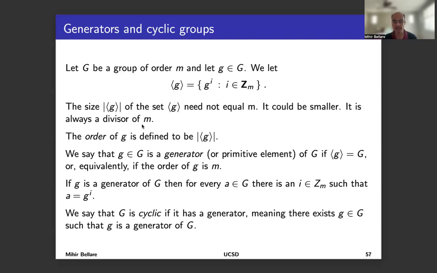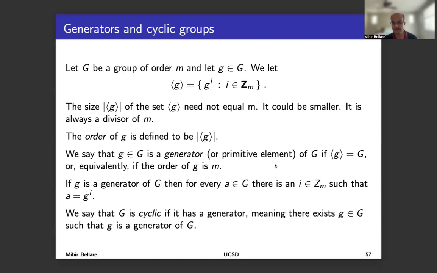That order in general could be any divisor of the group order, but we're interested in a particular case, which is that it does actually equal the group order. And if that's the case, we think of this element g as special, and we call it a generator. Sometimes it's also called a primitive element.